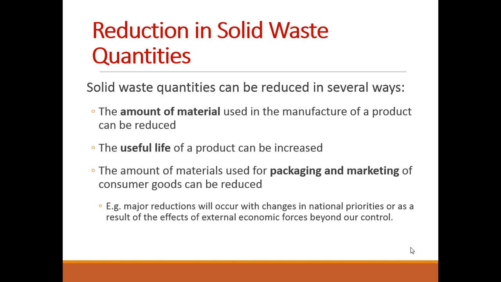For example, as well, the useful life of the product can be increased. I'm sure most of you, even if you are not old enough, your parents would probably speak about this. In terms of the quality of a lot of products that are being produced now, such as appliances, furniture, etc., because of the inferior quality, they don't last long.